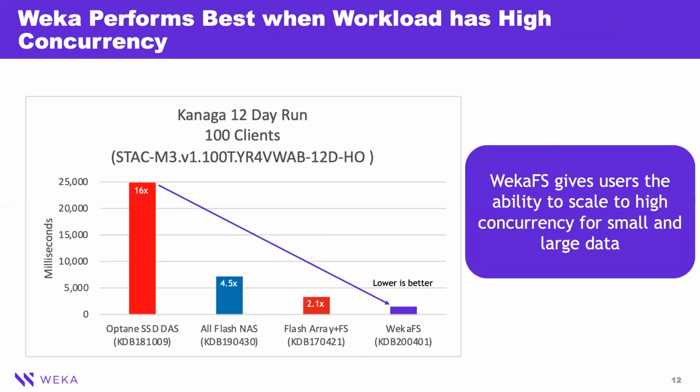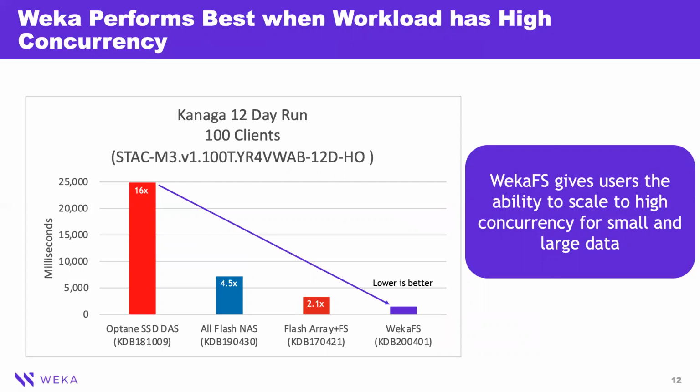Now, on the Kanaga front, you're really scaling out on two fronts: the number of clients, and the number of years. Now you can start to see a huge differential between Weka and the other systems. We were 2 times faster than the all-flash array for 100 clients concurrently running against the system.